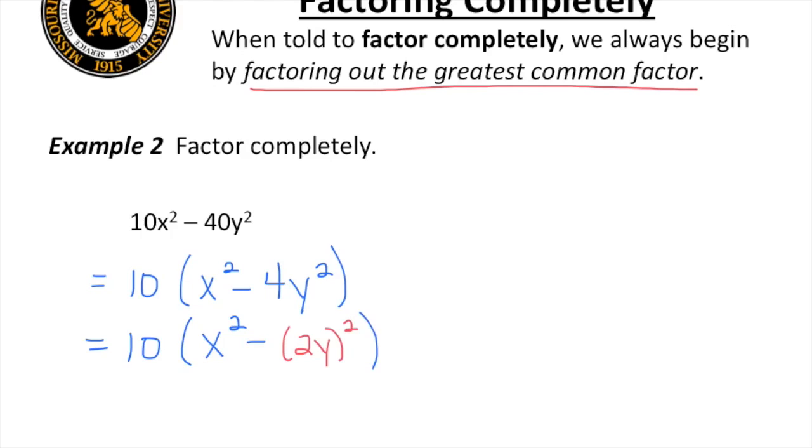Once we've identified the two terms being squared in our difference of two squares, we can continue factoring, writing our final factorization as 10 times x plus 2y times x minus 2y. And now our expression is factored completely.